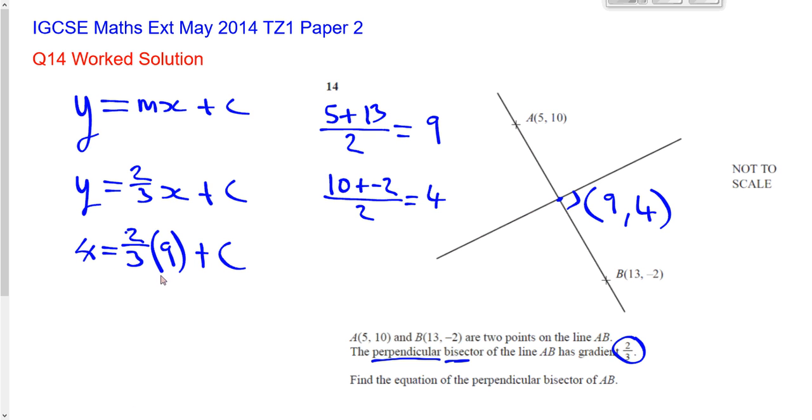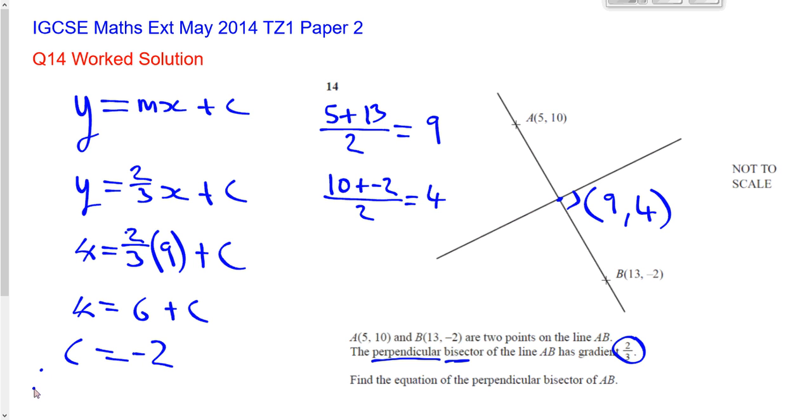So we have an equation with one unknown, and we can solve for that one unknown. 2 9s are 18, and 18 divided by 3 will be 6, plus c. So c will be equal to, let's get rid of that 6 on this side, 4 minus 6, which is negative 2.